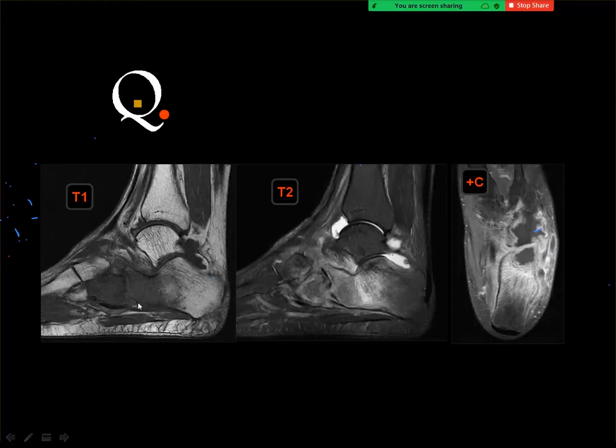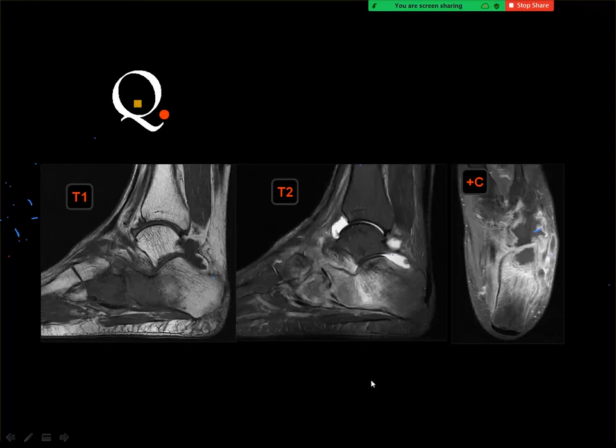And also you can see haziness of the cortical margins corresponding to the erosion seen in the plain film. And also you get some synovial fluid with synovial thickening as well as marginal enhancement of the soft tissues and also inside the bone.